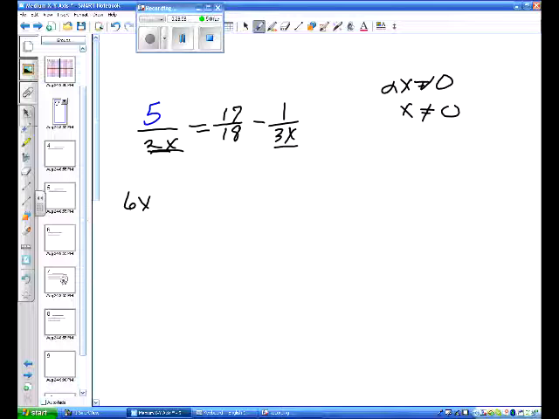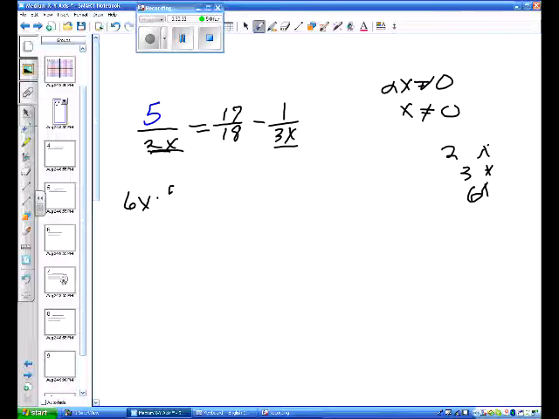And again, you could do that by prime factoring. We have the factor of 2, we have the factor of 3, we have the factor of x. And we could have actually put that as the 2x. We had a factor of 2 in x and a factor of 3 in x. So when we multiplied all of these together, we get 6x for our denominator. So we're going to multiply all of our terms by 6x.